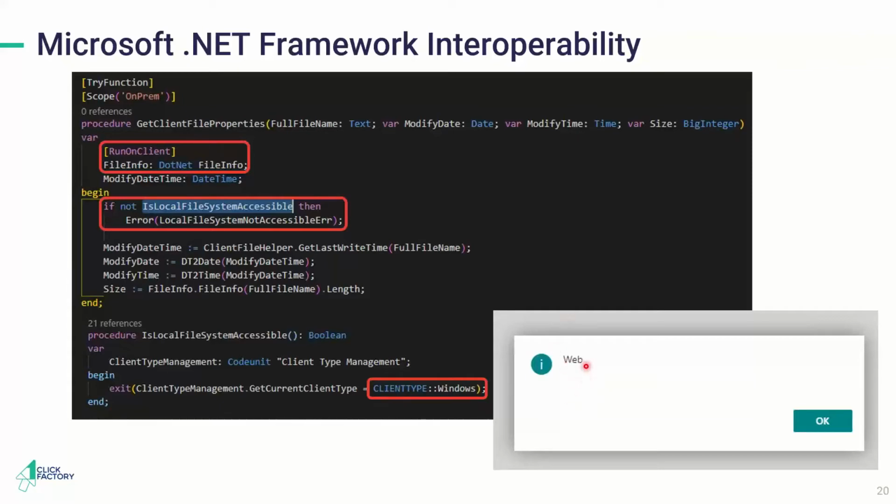And of course, on the web client, the current client type is always web and other, but not Windows. So you will always get this error in the web client. So you won't only need to look through all the .NETs which are run on client which you created, but also you need to look at the functions which Microsoft has and uses run on client functions too.